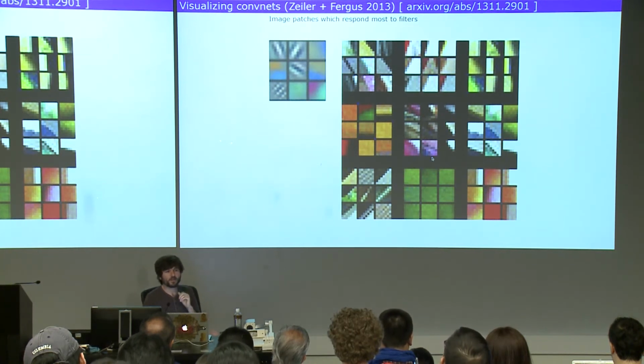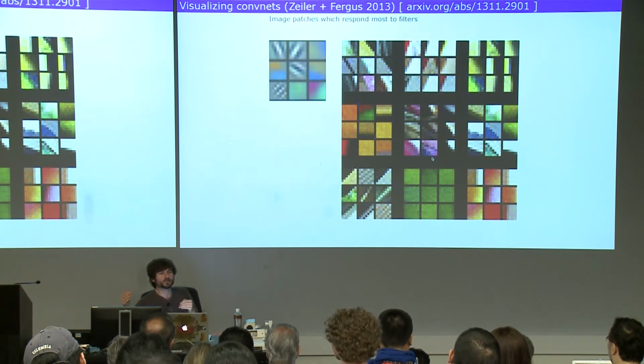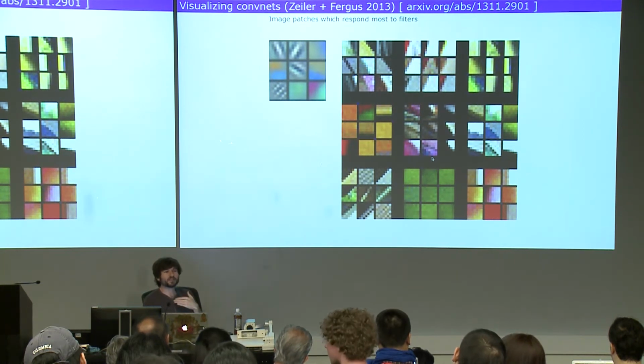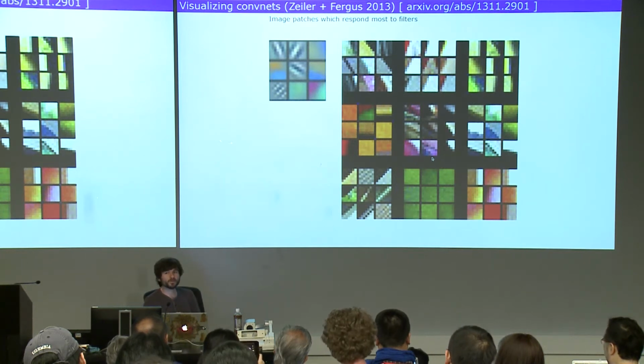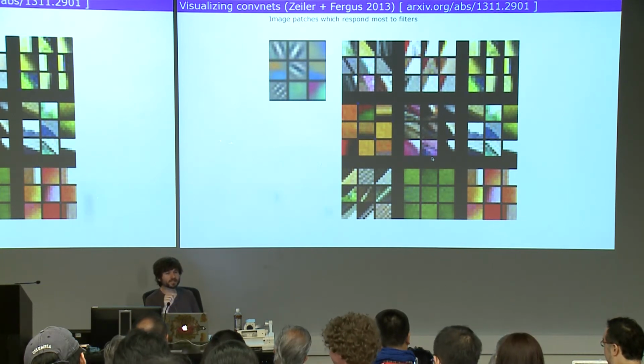Now the thing is that it's hard to visualize the weights as you go through the layers of the network because they no longer make any sense. They have many channels to them, and they've gone through several layers of processing. But you can still do this experiment where you send many images to the network and you isolate a particular neuron and you ask, what images did this respond to?